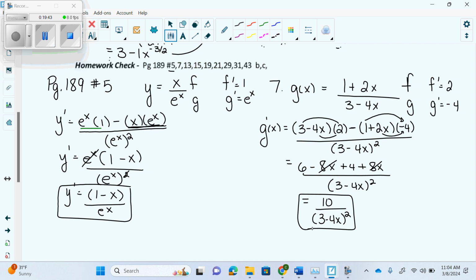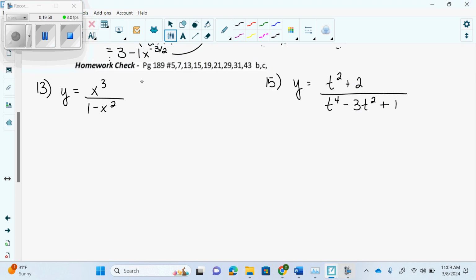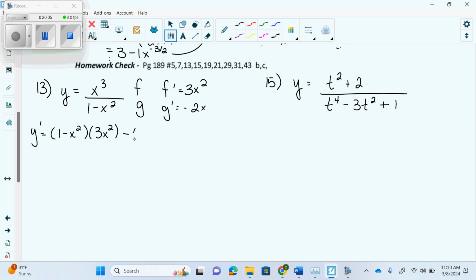Okay, next one, 13. I'm going to write 13 and 15 on the board. So here we have f prime is 3x squared, g prime is negative 2x. y prime equals g times f prime minus f times g prime all over g squared.